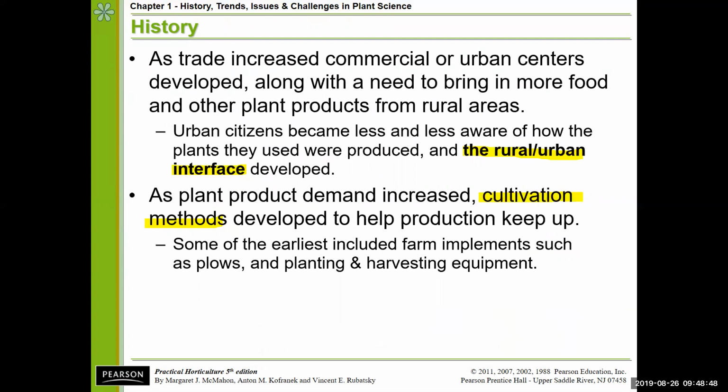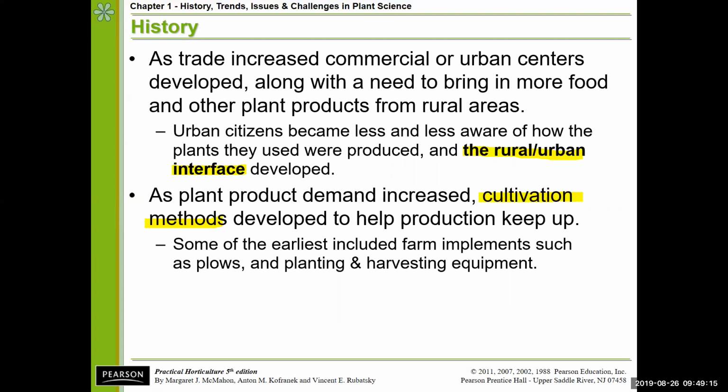So we have this interesting rural-urban interface, which is an issue today, where we don't always have a great understanding of how agriculture is conducted in the rural areas, but most of the foods are actually consumed in the urban areas.